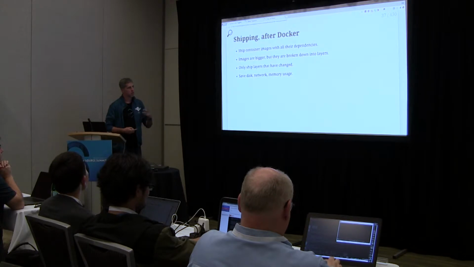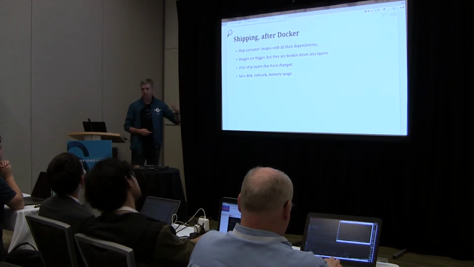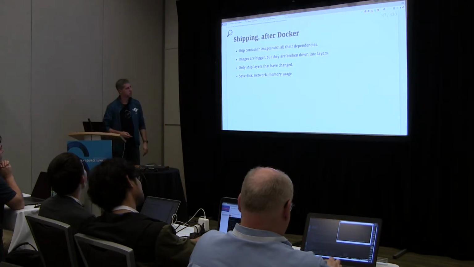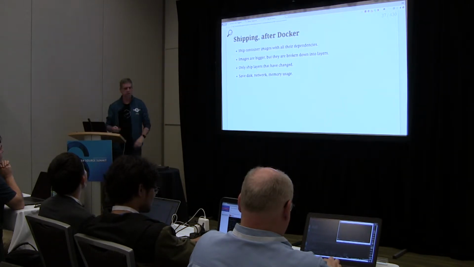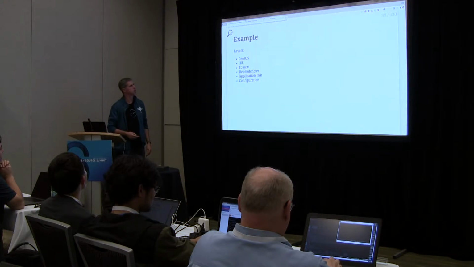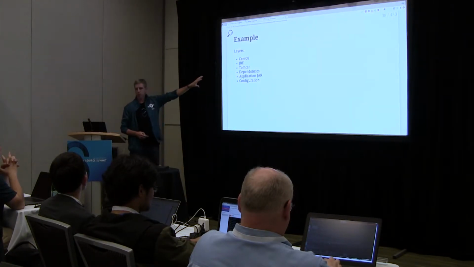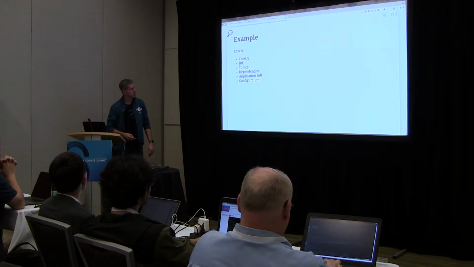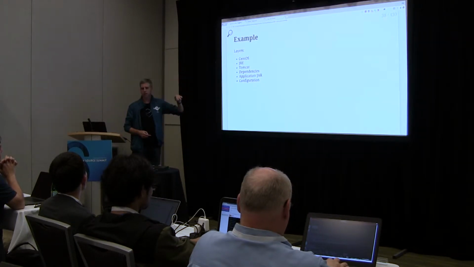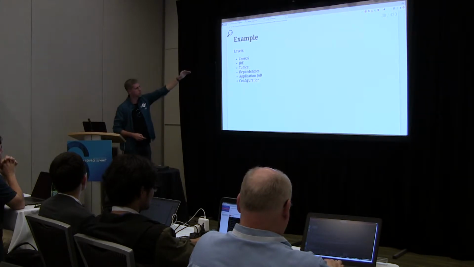We'll talk a little bit about the layer format of images and how that actually saves disk, network, and memory usage as well when we ship things as layered container images. This is an example, and again, when we get hands-on, this may be a little more clear. But as we build up a container image, we start with some kind of base. In this case, you could start with CentOS, for example.